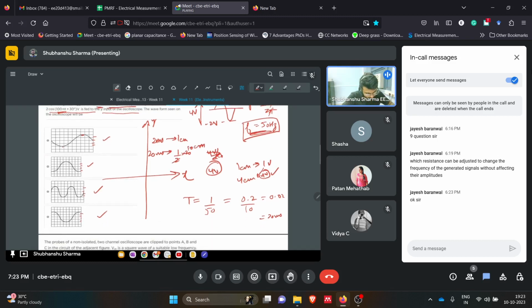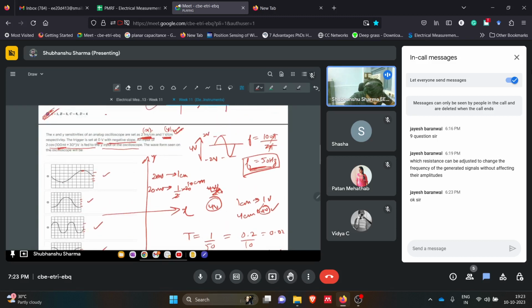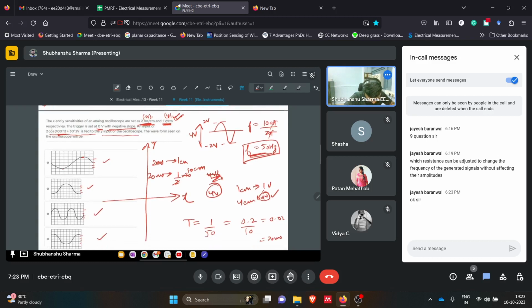So basically the signal will be 1, 2, 3, 4, 5, 6, 7, 8, 9, 10. So all are having this 10 centimeter block, but we may have some differentiation. The waveform seen on the oscilloscope, with phase 30 degrees, trigger set at 0 volt negative slope.